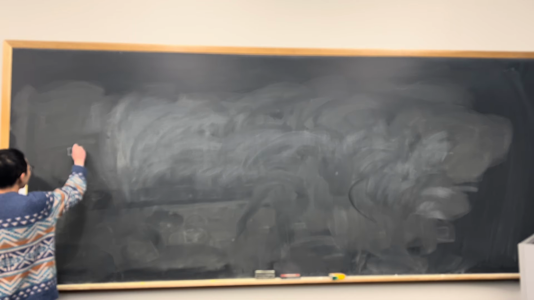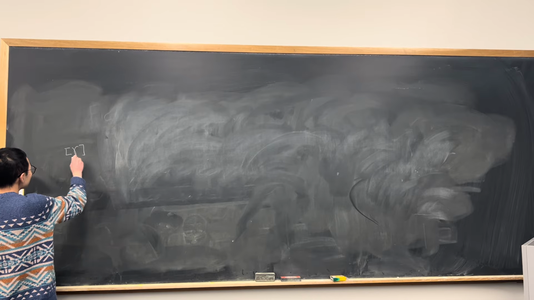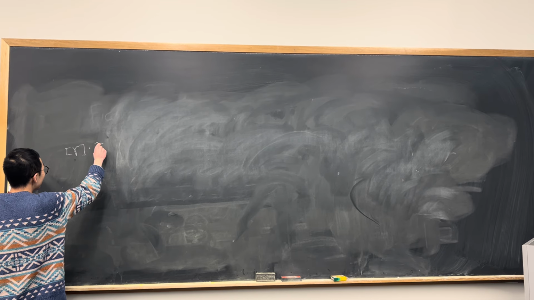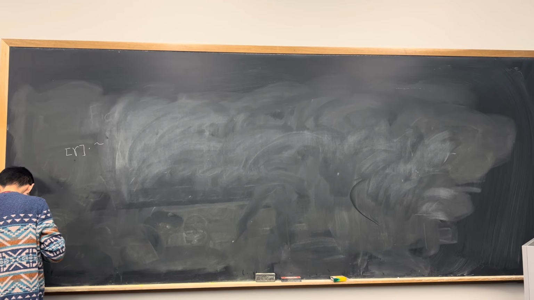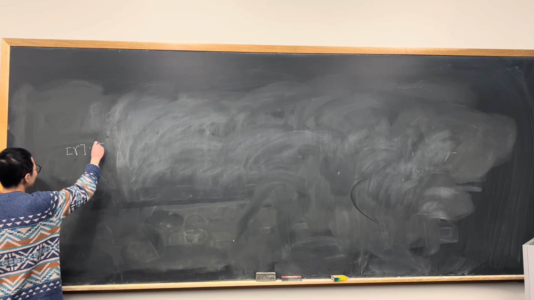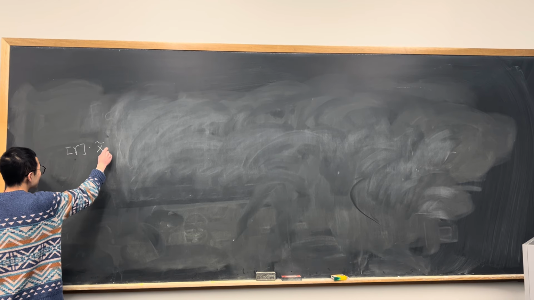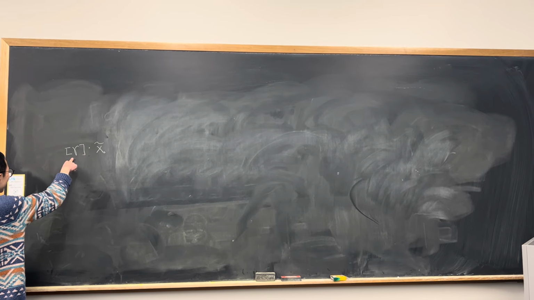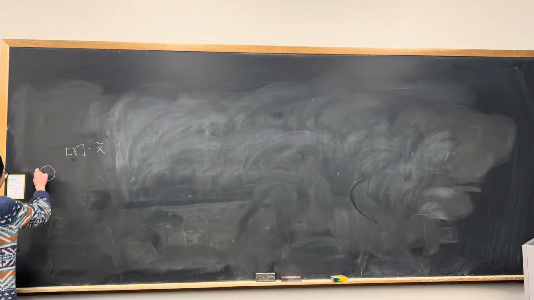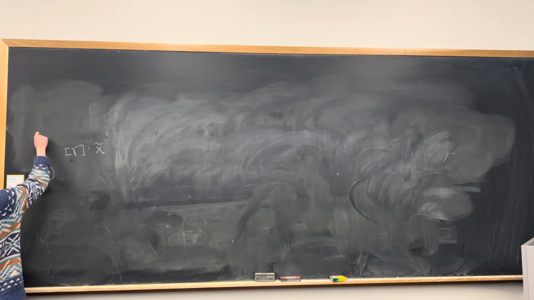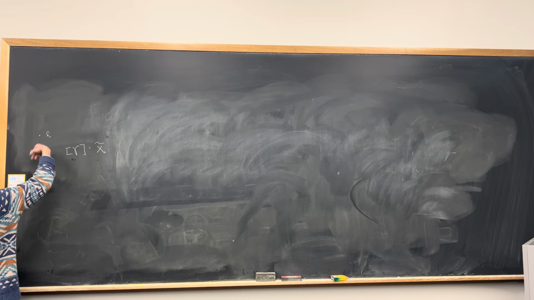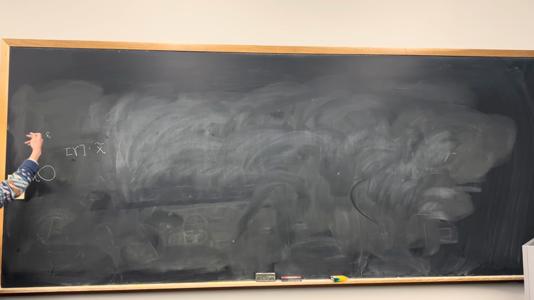So here this is a group action. What I mean here is that if you have this curve with a base point x naught, and this x naught tilde is in the pre-image of this x naught under the covering projection.